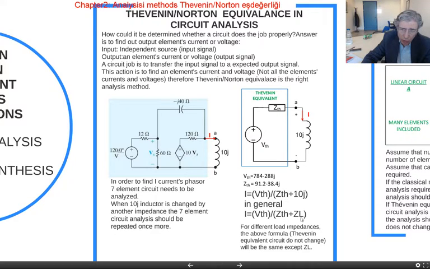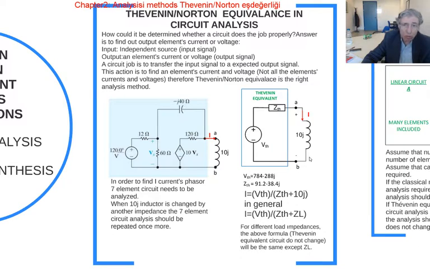If you're going to put a capacitor, it's going to be a negative imaginary impedance. And if it is an inductor, it's going to be a positive imaginary impedance. You can put a resistor in series with an inductor, or parallel L and C elements.